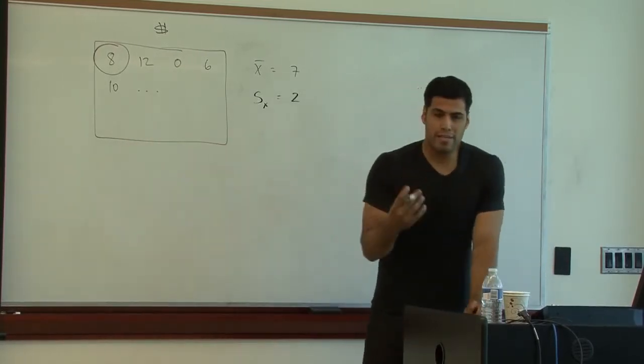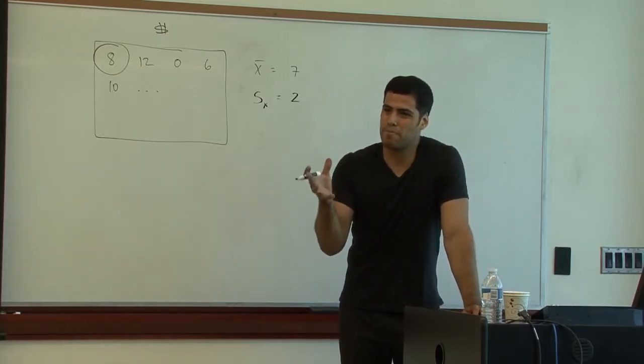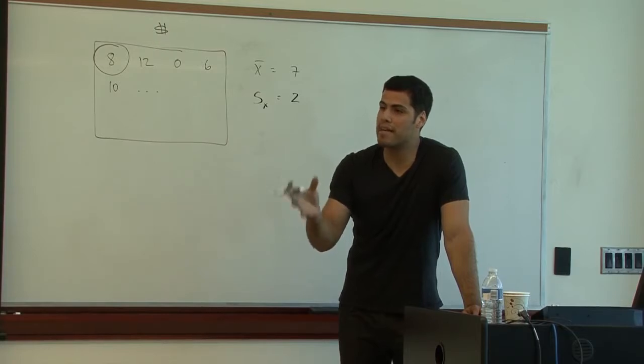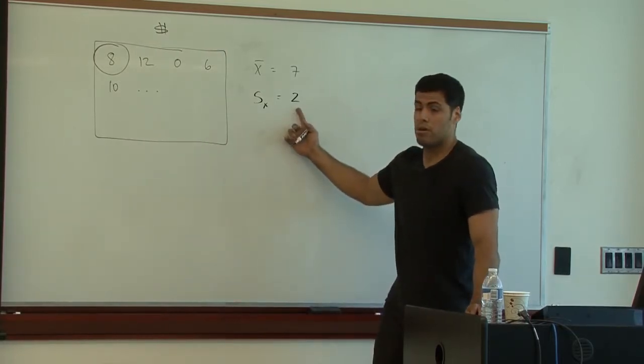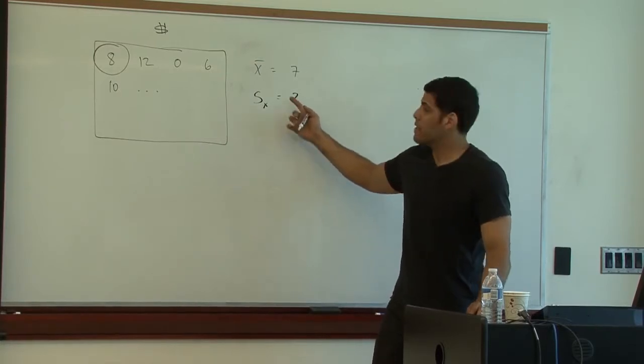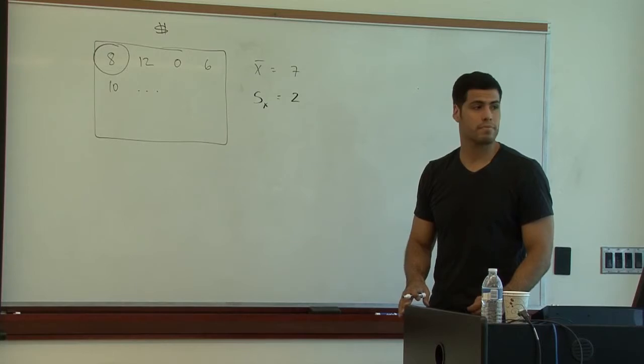If I were to ask you, how far is 8 from 7, with the distance being measured in the number of standard deviations? Well, you know that one standard deviation is 2. So 8 is half a standard deviation away from 7.